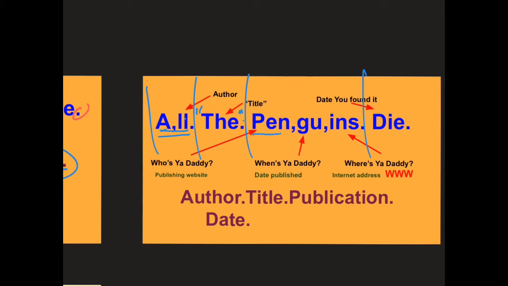The first is the publishing website, the big container that houses the smaller article. The second position would be, when was this published? What is the most recent date that you can find, either in the byline or at the very bottom of the website? Sometimes you can find a note of when it was last updated. Whichever is the most recent is the one that you want to use.